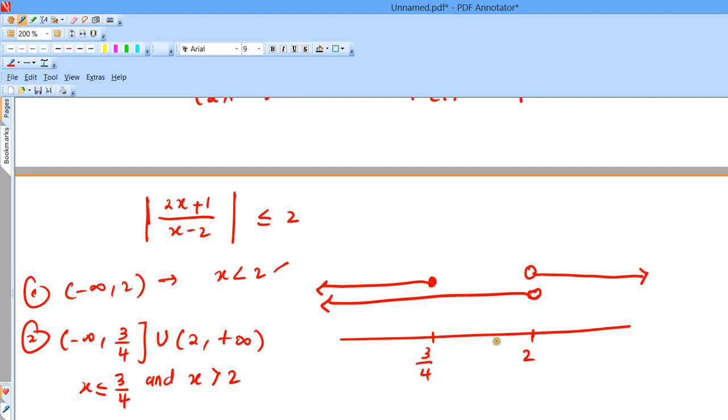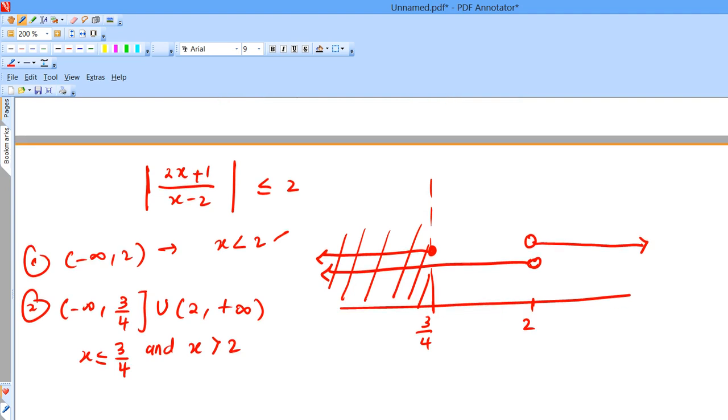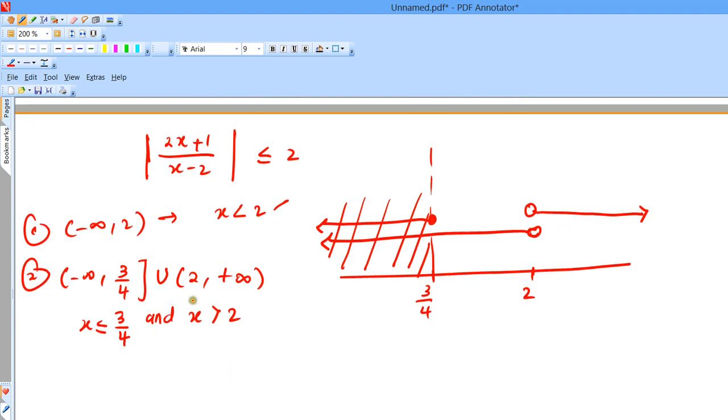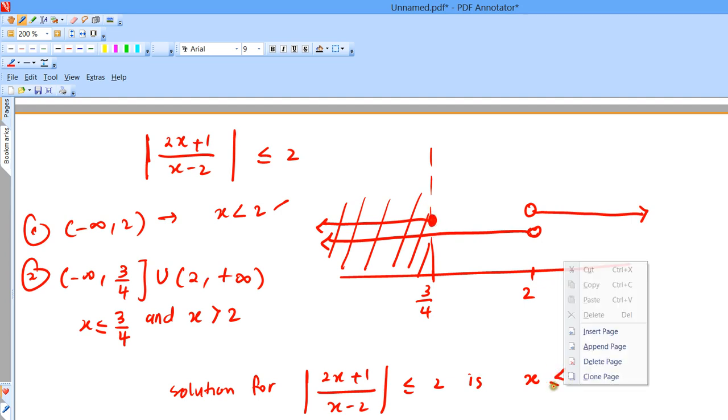Based on this number line, the interval that satisfies is actually from here. We have the intersection here. So the solution for |2x + 1|/(x − 2) ≤ 2 is actually x, with a black dot, meaning less than or equal to 3/4.